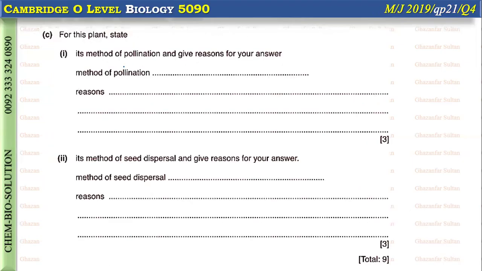Now, for this plant, the same plant that we have seen in the previous slide, its method of pollination and give reason for your answer. So the method of pollination would be by insect. Why is it by insect?